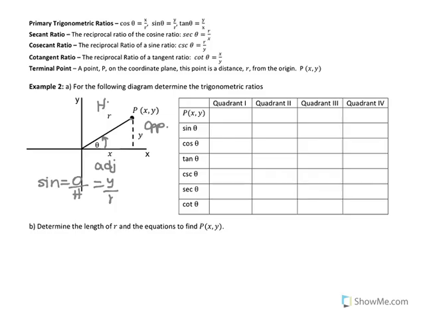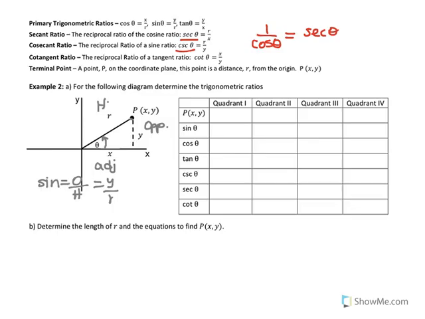So we also now have these reciprocal identities. So we have secant ratio, and the secant ratio is r over x, which looks a lot like cos. So if I say 1 over cos, that is the same as our secant theta.